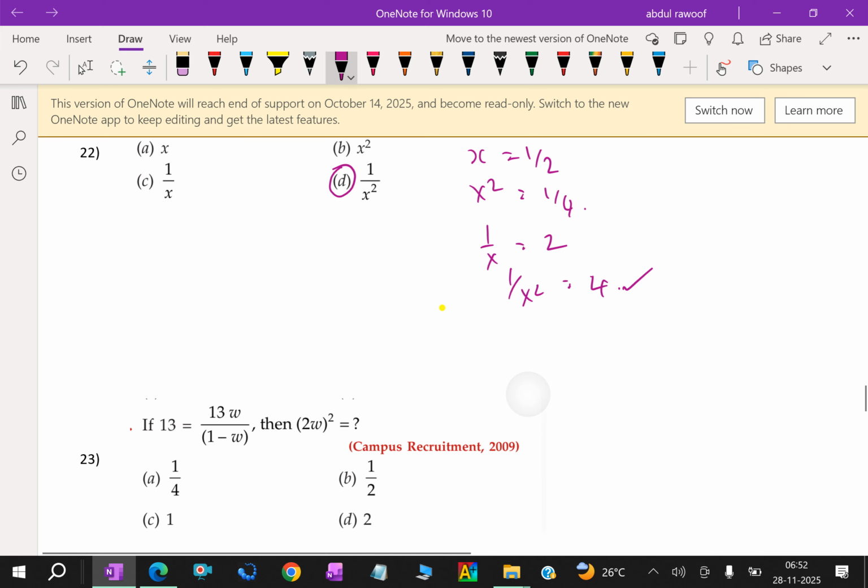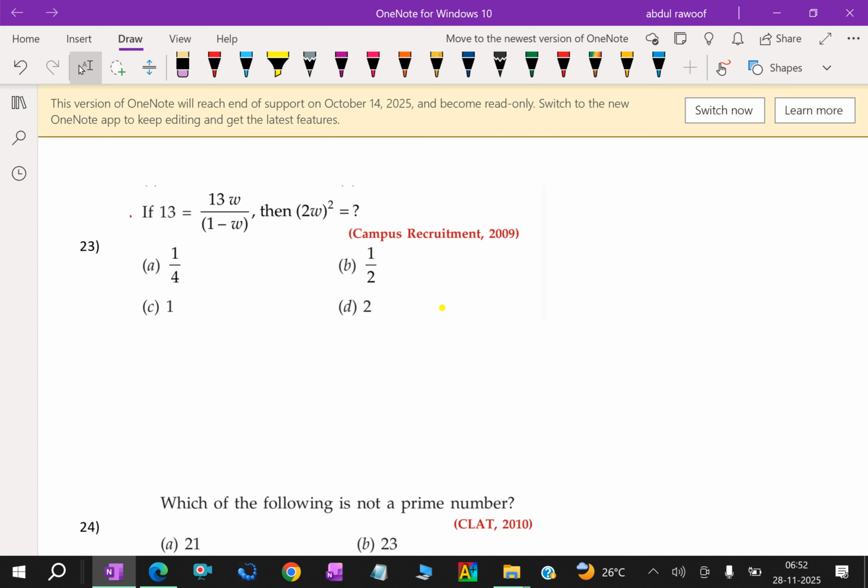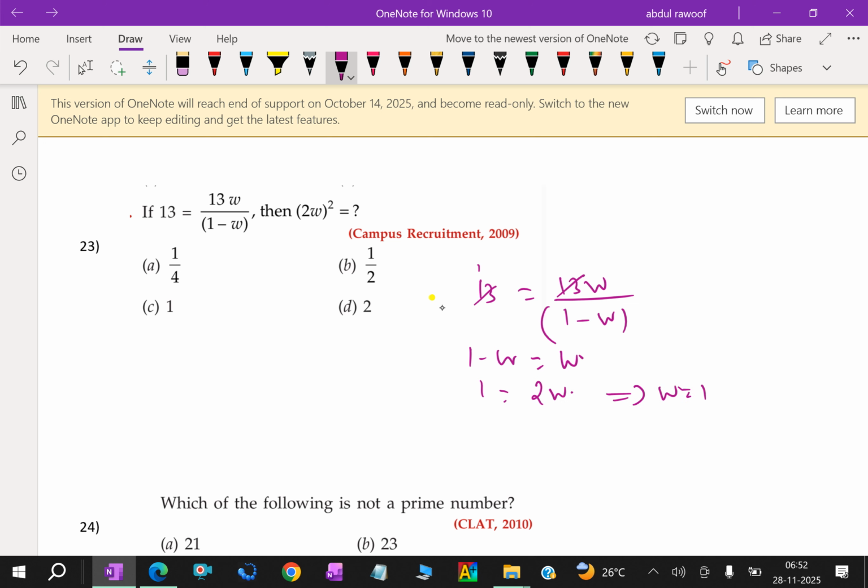So next one, look at this equation. Here 13 equal 13w over 1 minus w. Both sides have the same number. Then by cross multiplying, 1 minus w equal to w. Then 1 equal to 2w, collecting that side, which gives w equal to half.